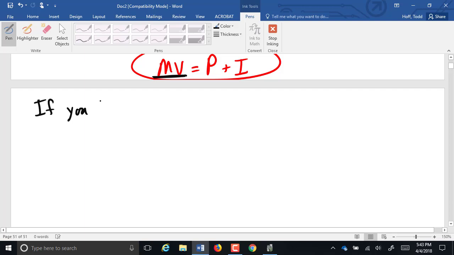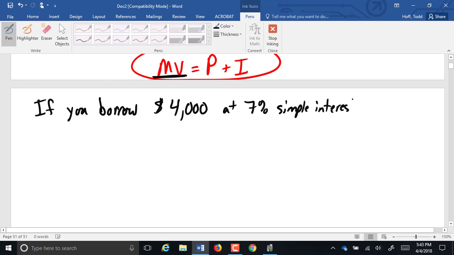Let's say you borrow $4,000 at 7% simple interest for 4 years, how much will you pay back?